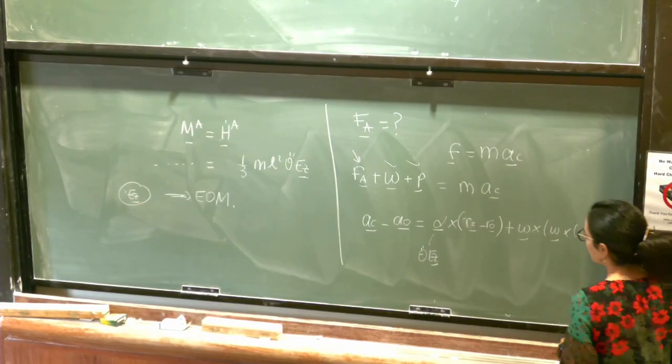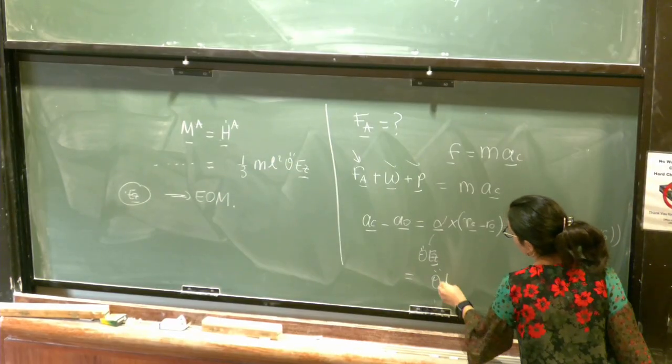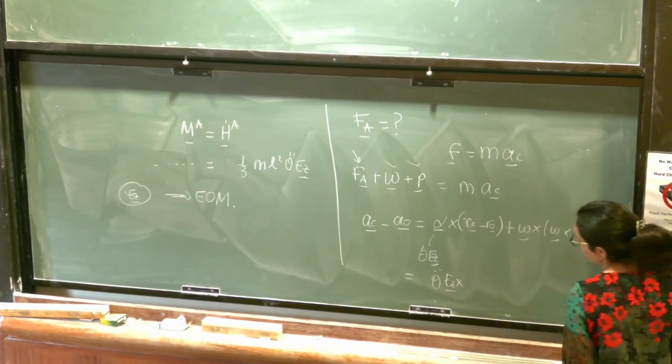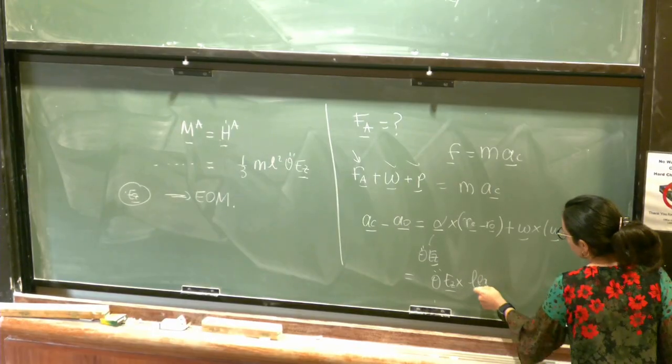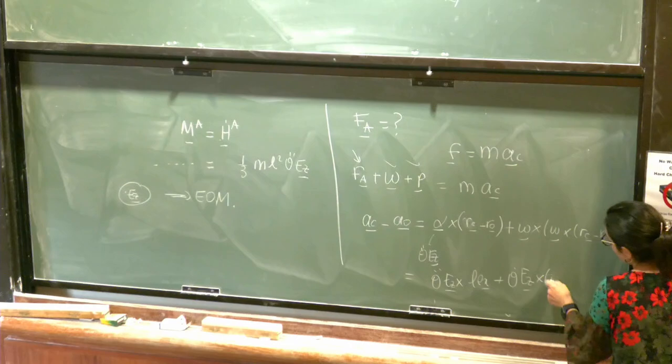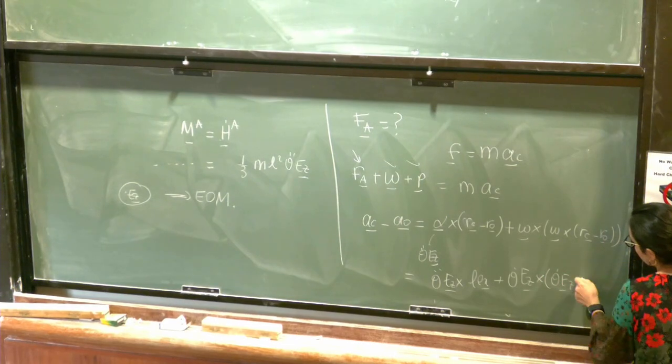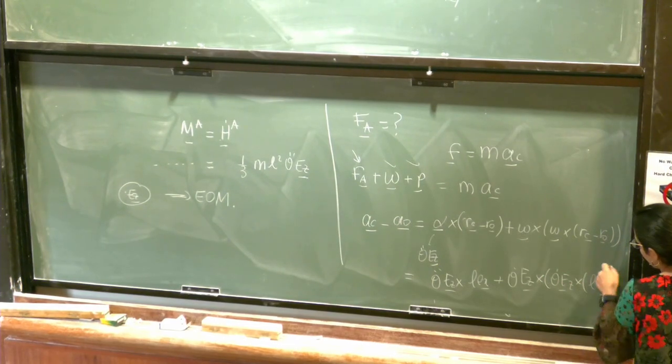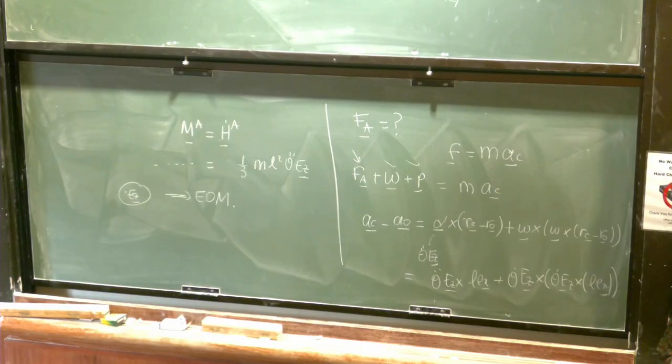So that's going to be theta double dot EZ crossed LEX plus theta dot EZ cross theta dot EZ cross LEX. And now we see why the alpha L thing is very wrong, because you don't have this term in it.